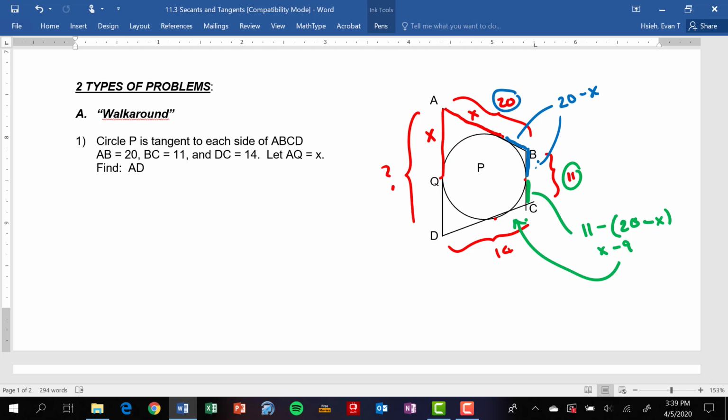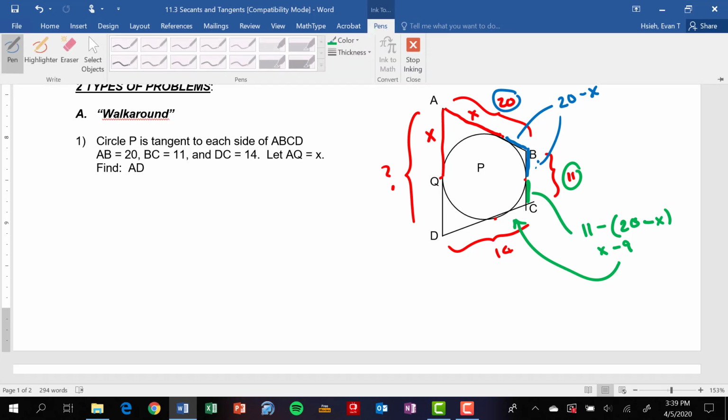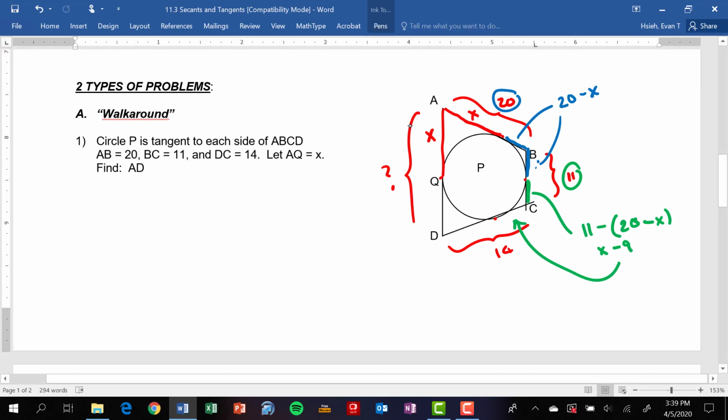And that means that this guy right here, this side is 14, so it's going to be 14 minus (x minus 9).